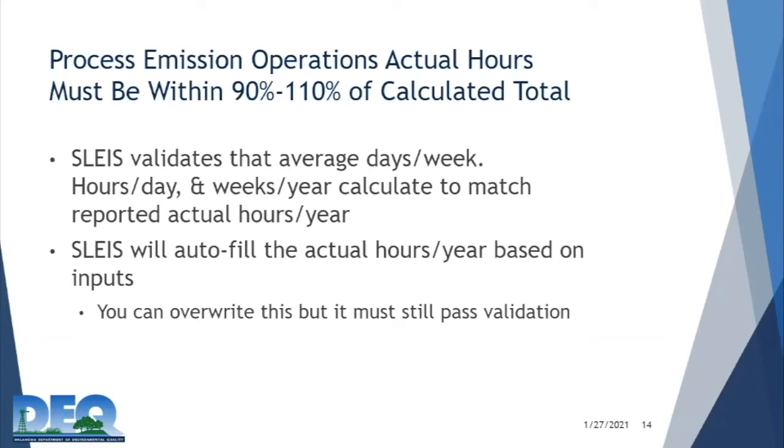As you enter these, Slice will autofill the actual hours per year based on the inputs. If you watched Grant's video already on the calculations, you saw him do this. You can overwrite what Slice autofills, but it has to pass this 90 to 110% of calculated total validation. So as long as you're entering this new each time, you should be pretty close. So just pay attention to those.